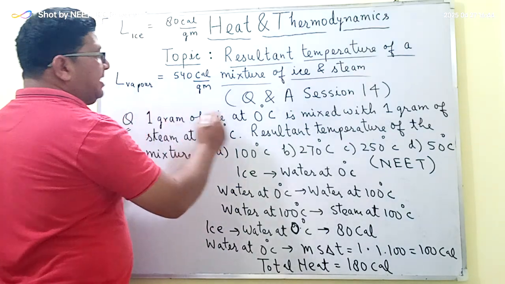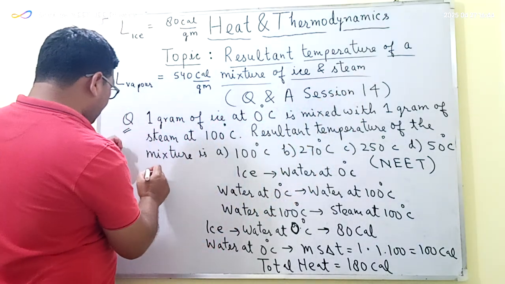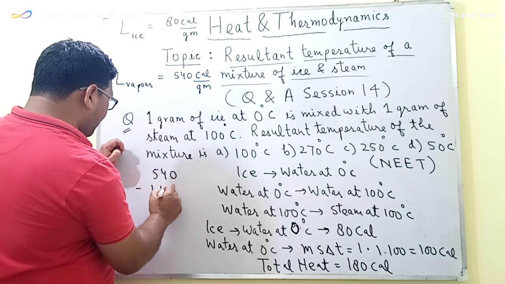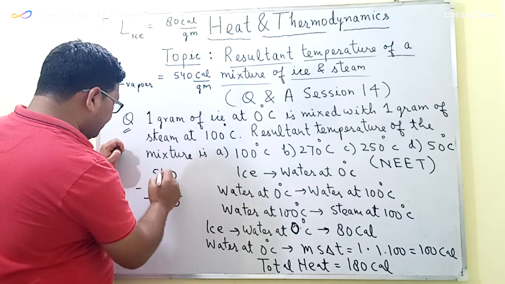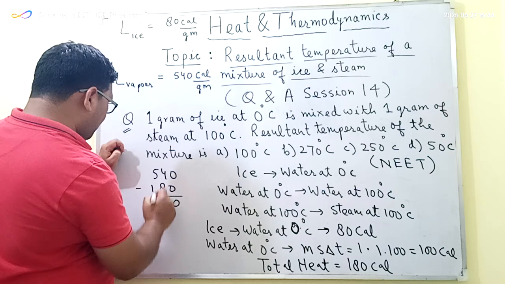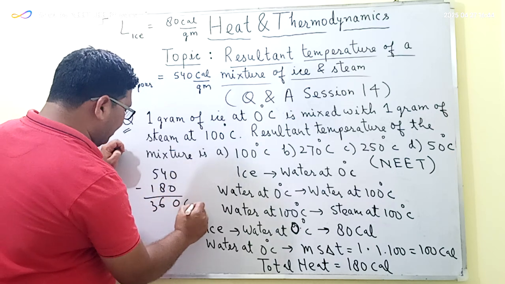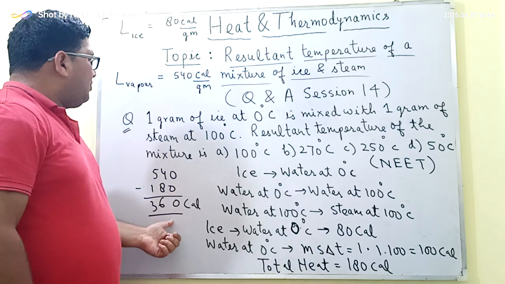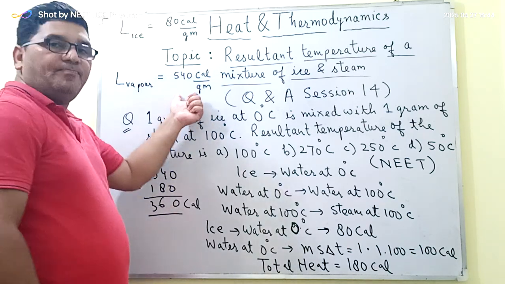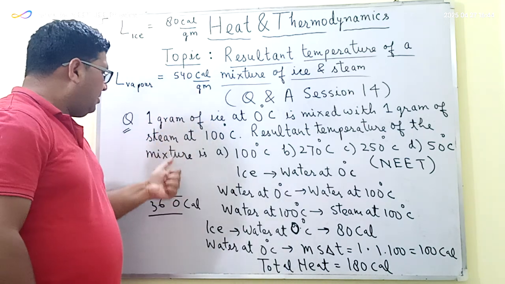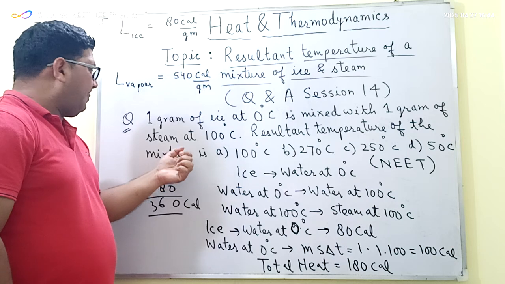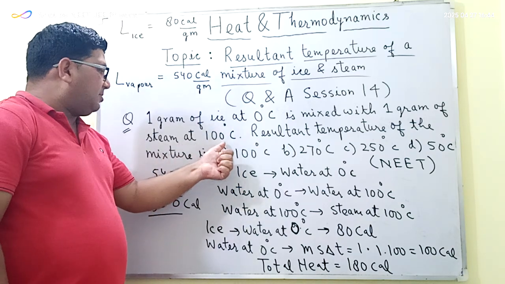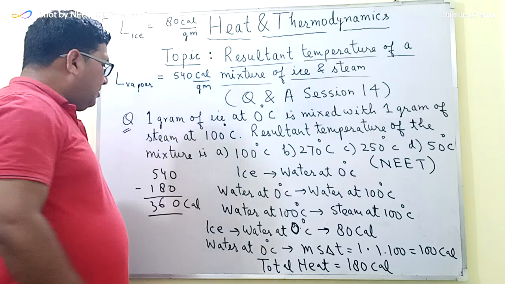So the remaining heat energy, that is 540 minus 180, is equal to 360 calories. So this is the amount of heat energy which is left with this steam which is at 100 degree centigrade.